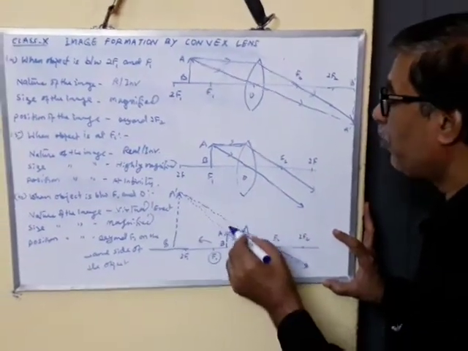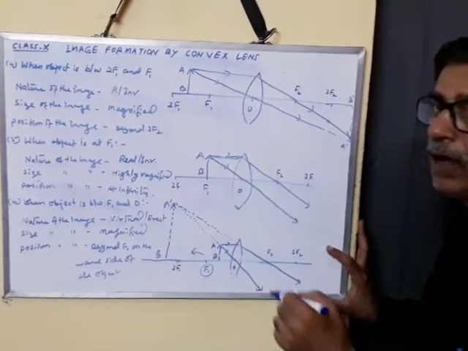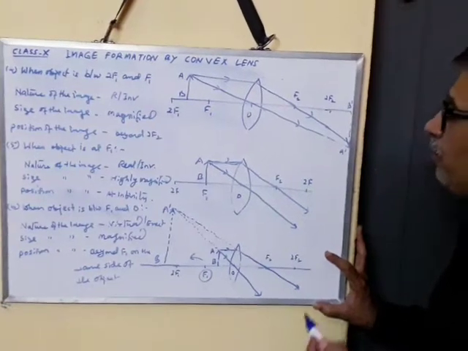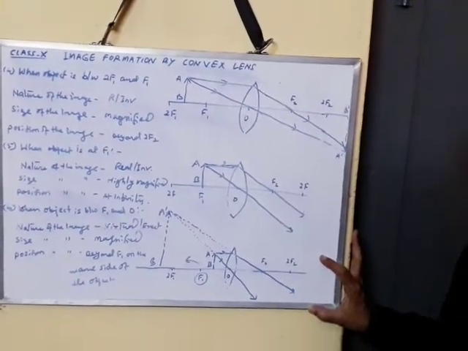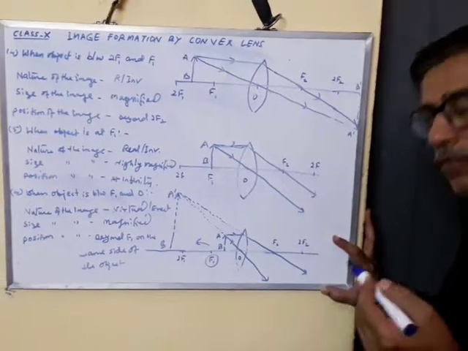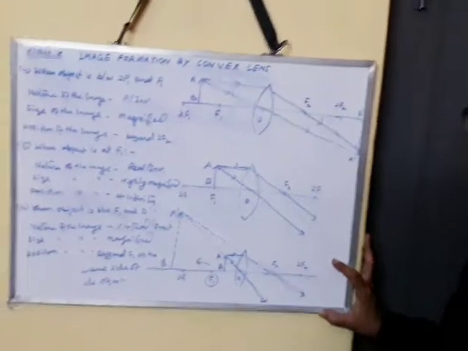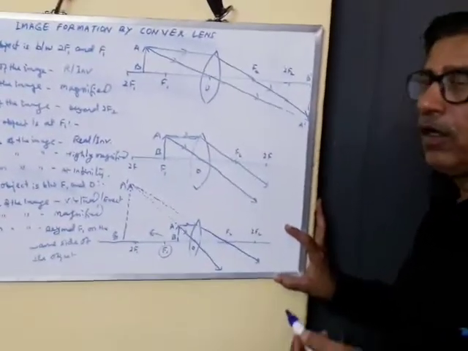This property of the convex lens is used to make a magnifying glass. In the laboratory, it is used in the microscope. It is also used in the telescope and photographic camera, and in the correction of defects of eye vision, such as hypermetropia.